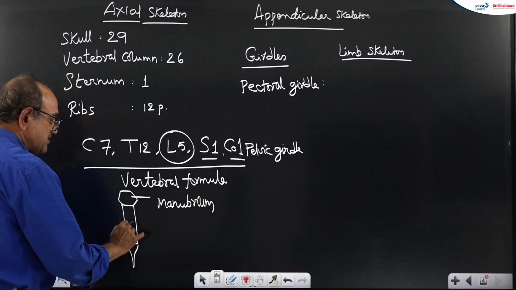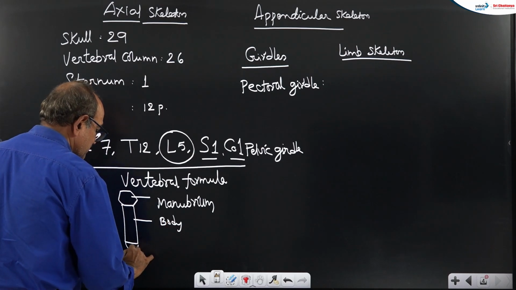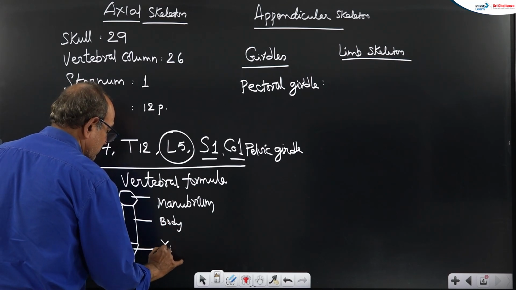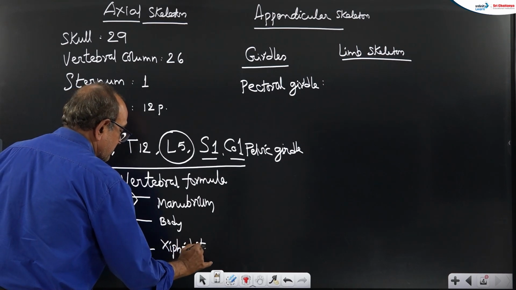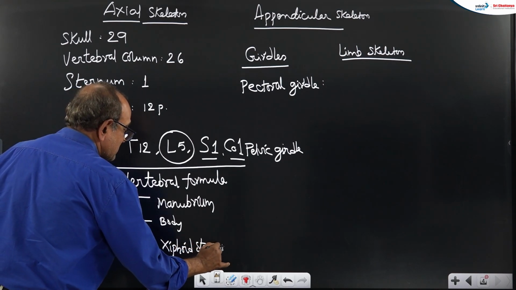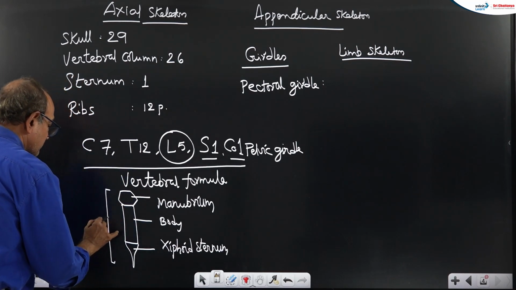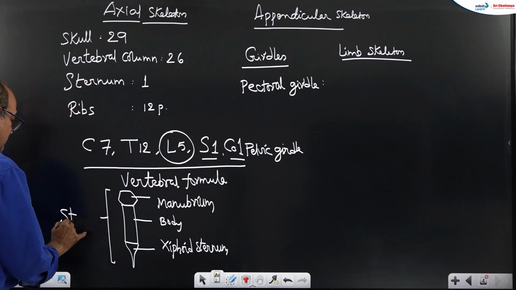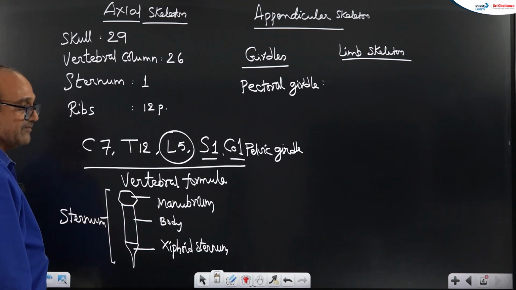The middle portion is the body, and the lower portion is the xiphoid sternum. So these 3 parts together form a single piece of bone, called the sternum, to which the ribs are attached.